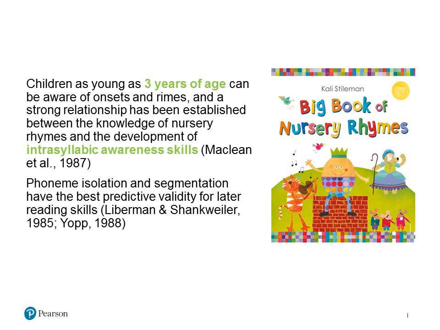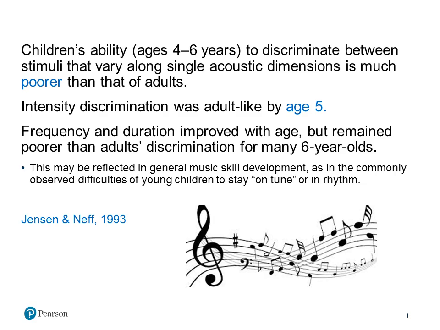And that was back in 1987 by McLean et al. And then phoneme isolation and segmentation produced a very good predictive validity for later reading skills, as found by Lieberman and Schenkweiler back in 1985 and Yap in 1988.